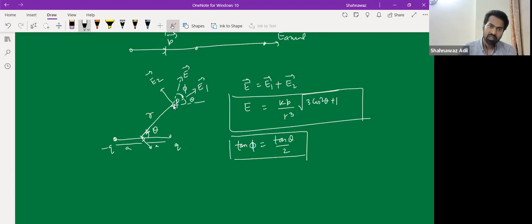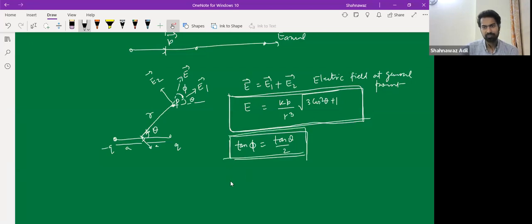So this is the electric field at the general point. Just remember these two formulas, and if you want to look at the derivation, go through the previous video.